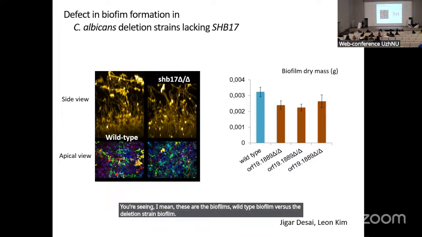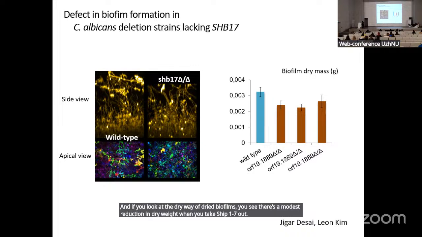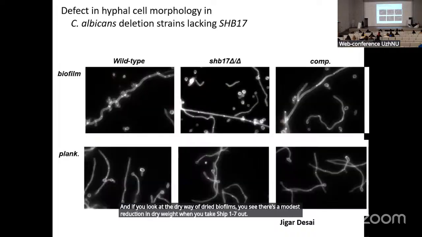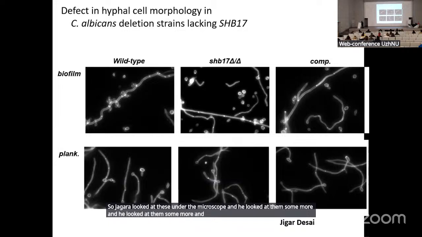And if you look at the dry weight of dried biofilms, you see there's a modest reduction in dry weight when you take SHIB17 out. So Jigar looked at these under the microscope, and he looked at them some more, and eventually he began to think that maybe these hyphae, these filamentous forms that Candida albicans makes during infection, looked a little thinner to him.